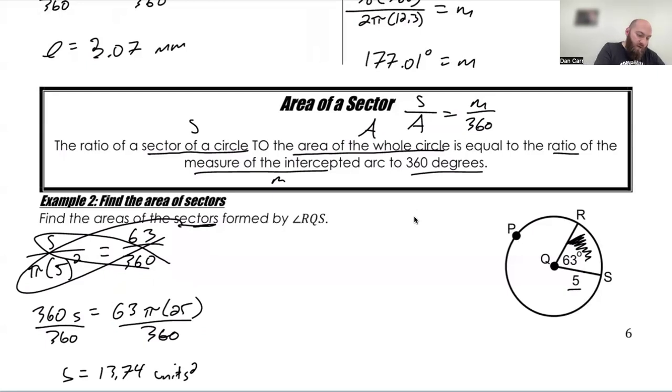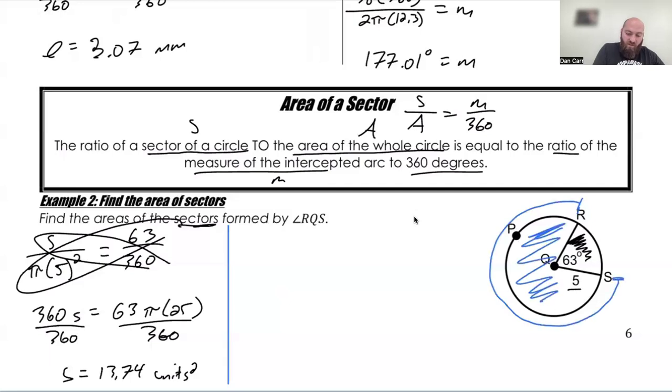Now, the second one, I'm going to do a similar thing. The way I'm going to do that is I'm going to first find out what is my arc measure going the other direction around. So this is going to represent the blue one there. So to find that, remember from before, we take our entire circle 360 minus the minor arc of 63. So that comes out to 297 degrees. So now I'm just going to do the same exact process, but instead of 63, I'm going to use 297.